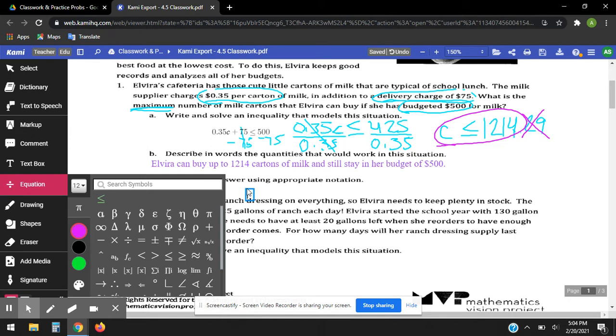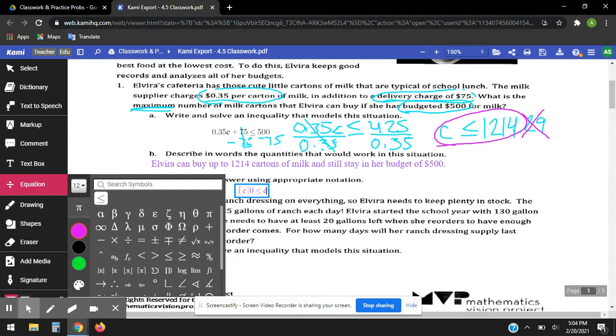Set notation, we'll put over here, and that would be the brackets, and we have to define our variable. So C would be 0, we could have 0, so that would be a less than or equal to.